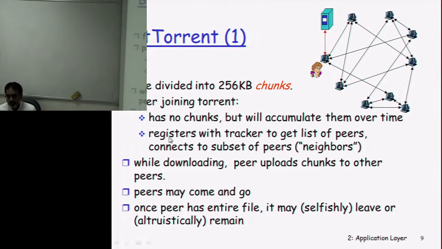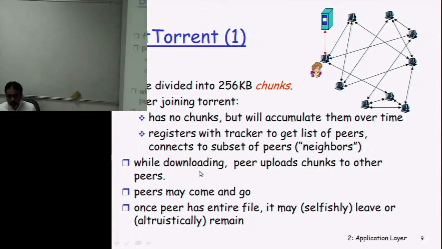So it registers with the tracker to get a list of the peers. Once it gets the list, it knows who the peers in this torrent are, with whom it can contact, and from whom it can receive the chunks of the file. So it will connect to a subset of the peers, which are its neighbors.